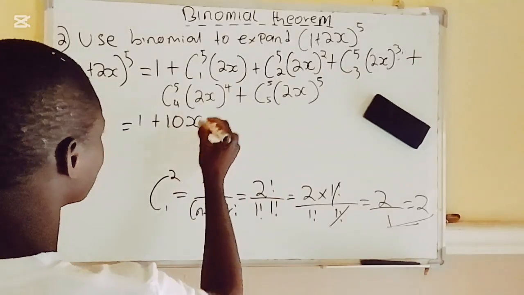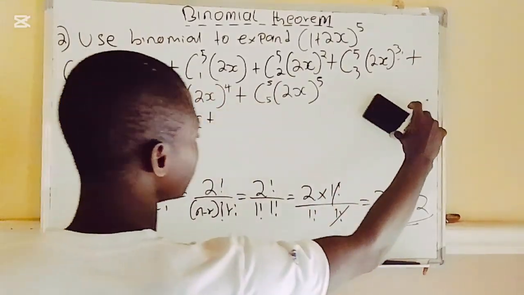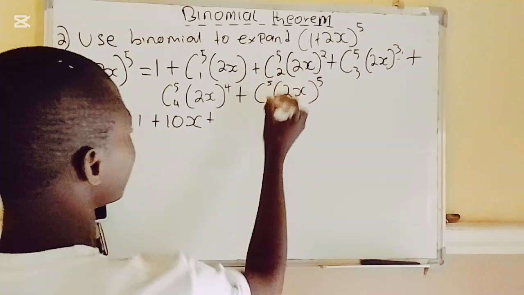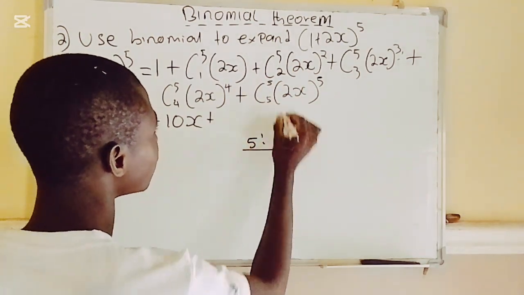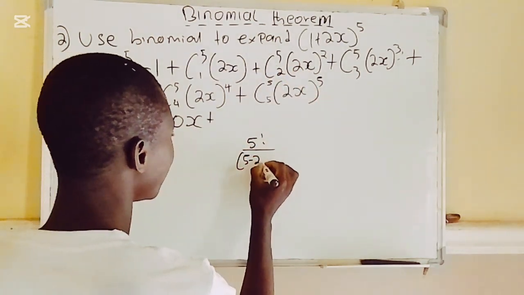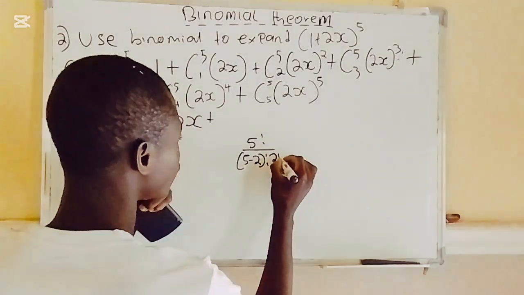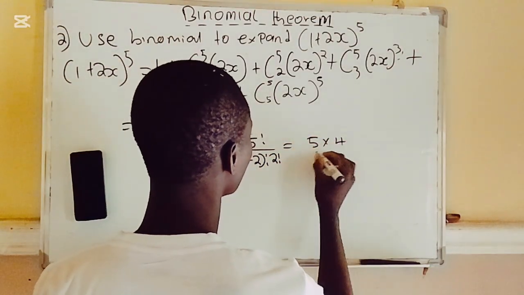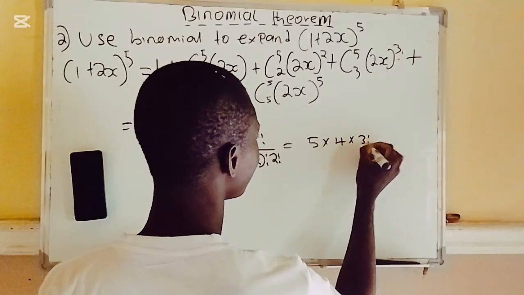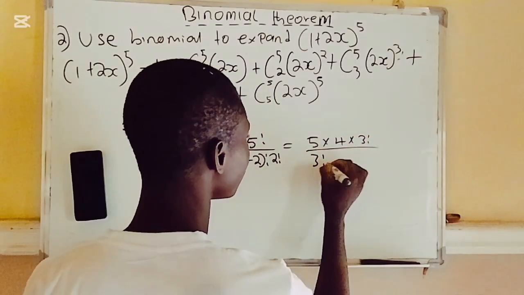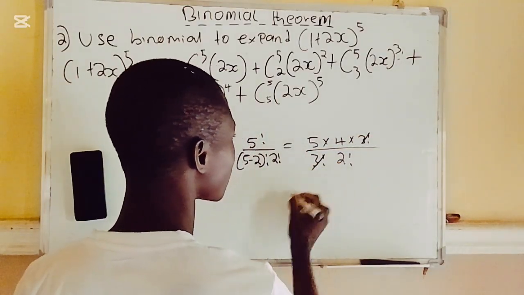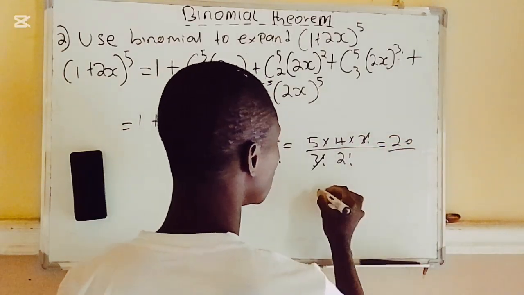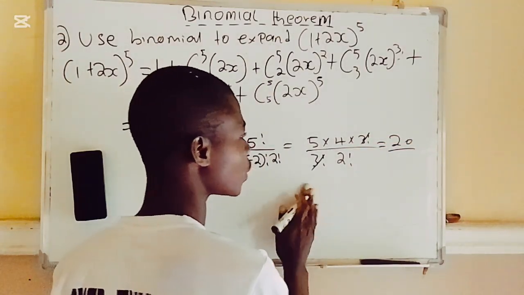10x plus 5 factorial. 5 factorial into 5 minus 2 factorial into 2 factorial, it will give me 5 multiplied by 4 multiplied by 3 factorial divided by 3 factorial of 2 factorial. 3 will cancel 3. 5 times 4, which is 20, divided by 2 factorial, the same thing as 2 times 1, which is 2.